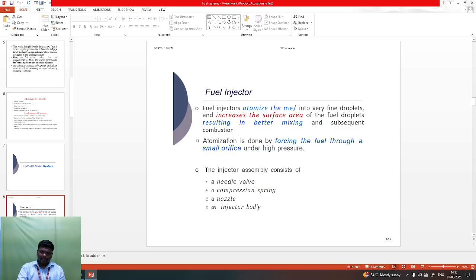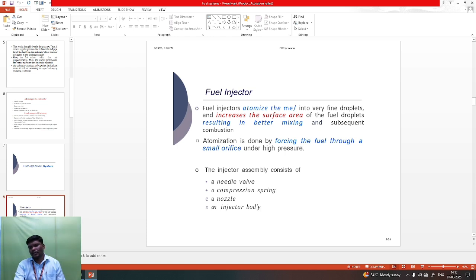Fuel injectors atomize the fuel into very fine droplets and increase the surface area of the fuel droplets, which is used for better mixing and subsequent combustion.